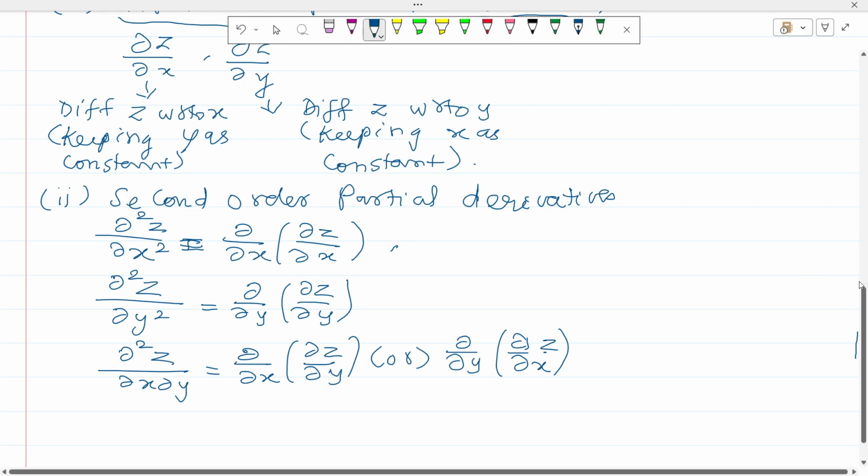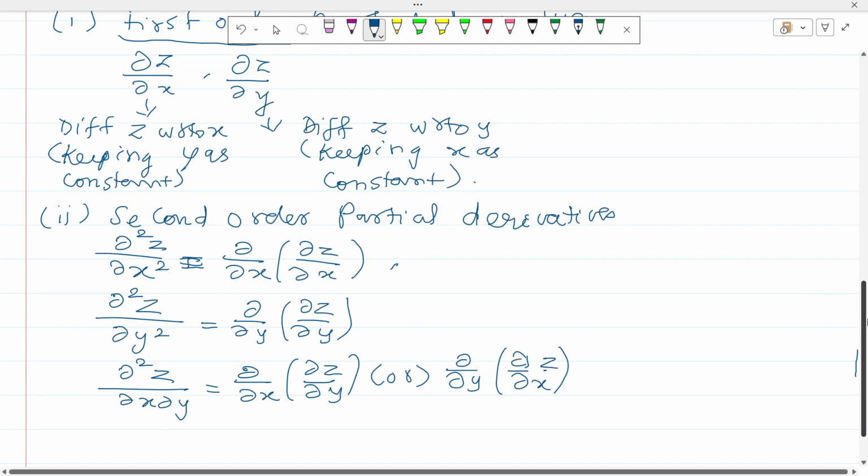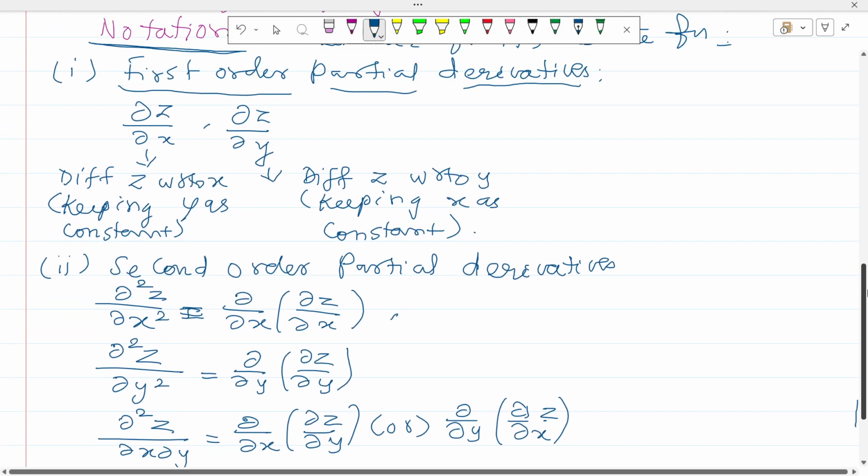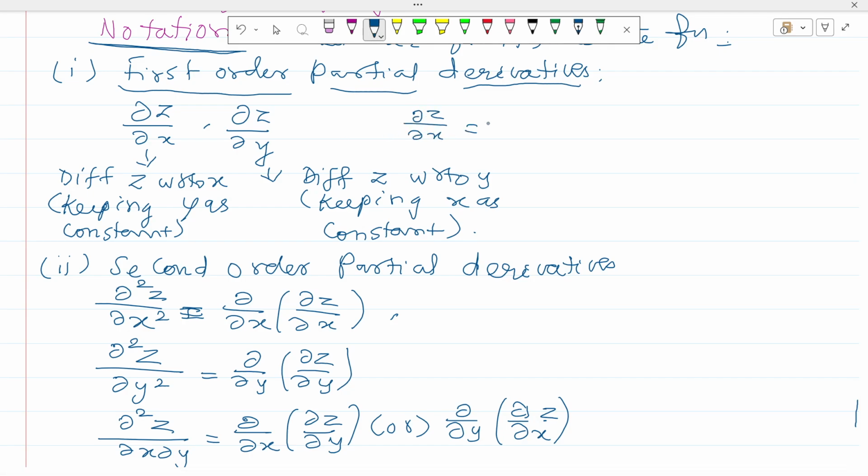So these notations can be written as follows. Dou z by dou x can be written as small p. Dou z by dou y can be written as small q.